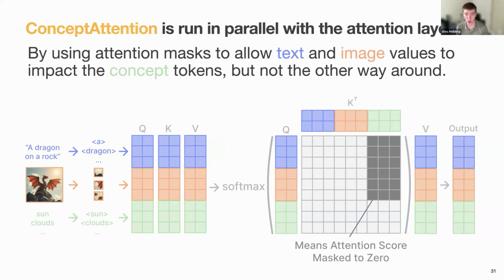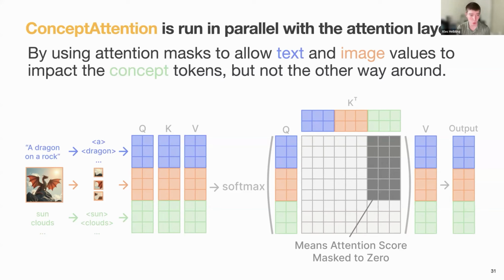It doesn't add a ton of latency, and it doesn't add a ton of memory overhead. The latency is low because this can be run in parallel. We can cleverly use attention masks in a single attention operation so that the concept vectors don't influence the appearance of the image, but they're contextualized to those representations because the information from the image and the text prompt influence the concepts. And this can be done all in parallel.